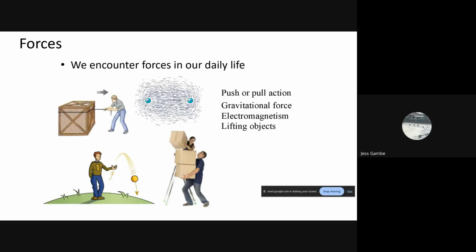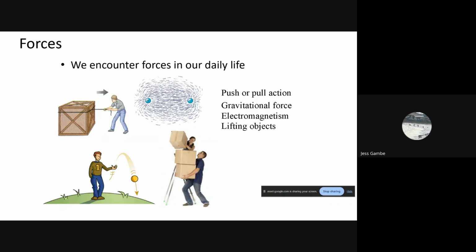So we encounter forces in our daily life, of course. The push and pull by the gravitational force, or an actual external force by your colleagues who push you or pull you. Lifting objects. These are quite visible, observable by visual inspection.